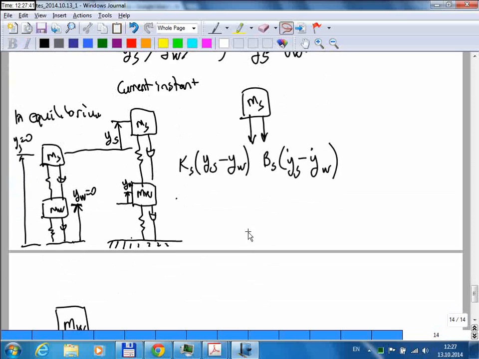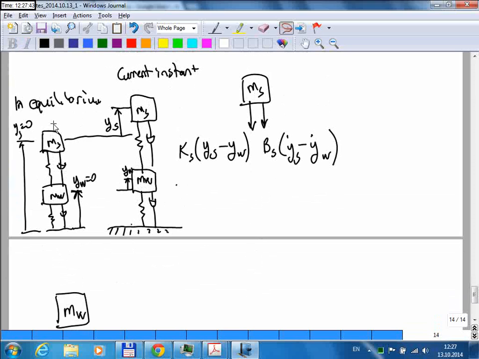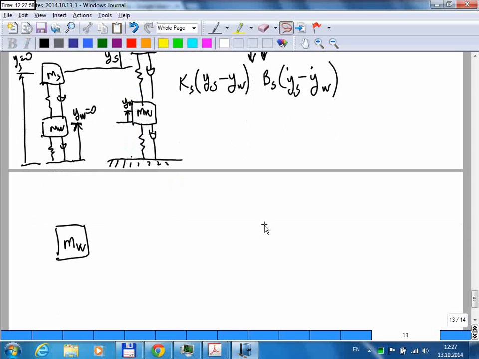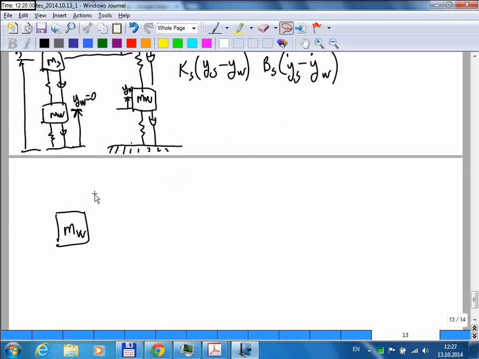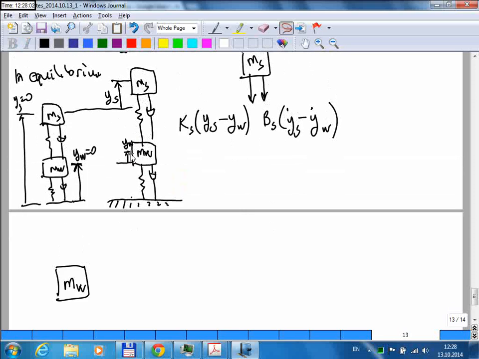Okay, so let's continue here. Now, for the car itself, there are only two forces. These are the forces due to spring and damper. Again, normally there should be the weight, but I'm just neglecting it for this example. And for the wheel, there are four forces.